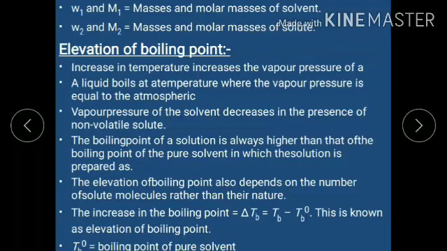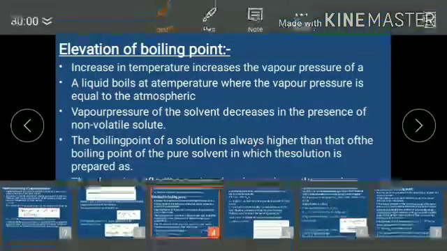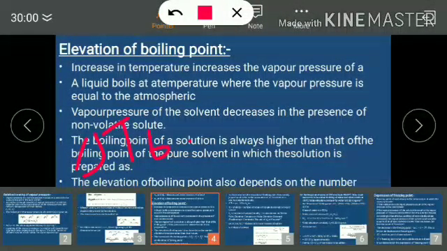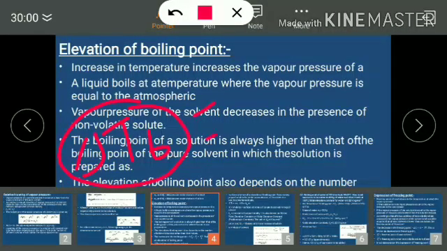Okay, so the formula of the elevation of boiling point is ΔTb = Tb − Tb⁰. ΔTb is the elevation in boiling point, equal to Tb − Tb⁰, where Tb is the boiling point of the solution and Tb⁰ is the boiling point of the pure solvent.